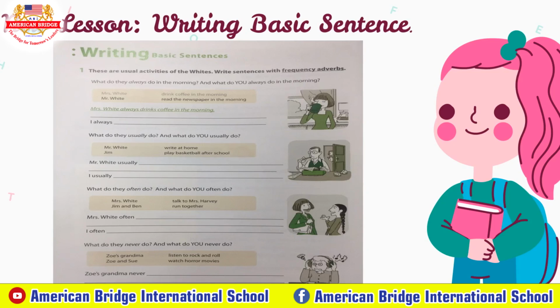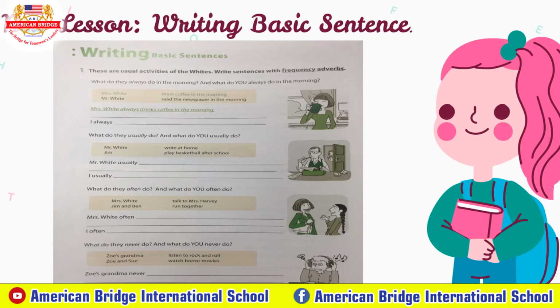Now for our last question for frequency adverb. What do they never do? And what do you never do? Zoe's grandma blank listen to rock and roll. And Zoe and Sue blank watch horror movies. Now let's complete these sentences.